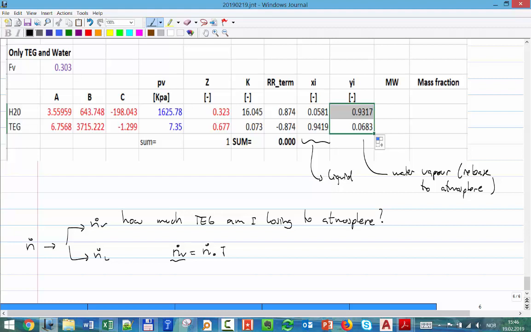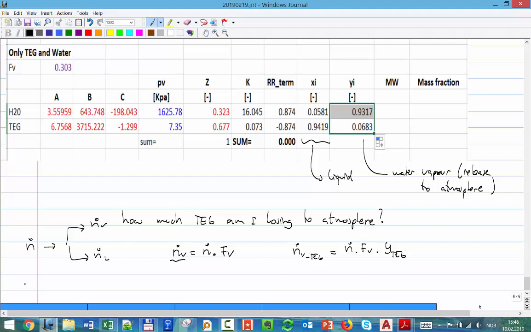That will be N times FV, the vapor fraction. And then to calculate N of the vapor TEG, I simply multiply N times FV times Y TEG, and that I will see how much I'm losing.